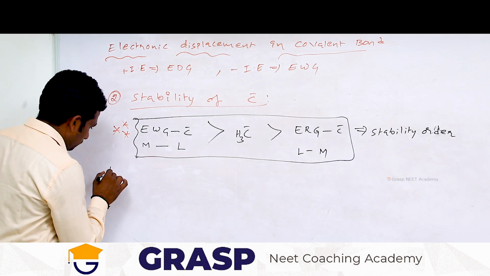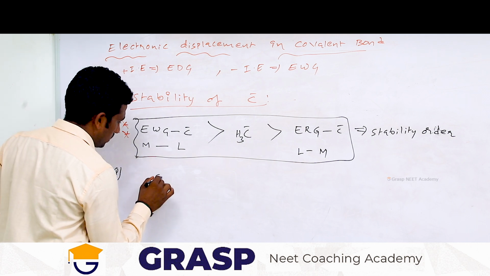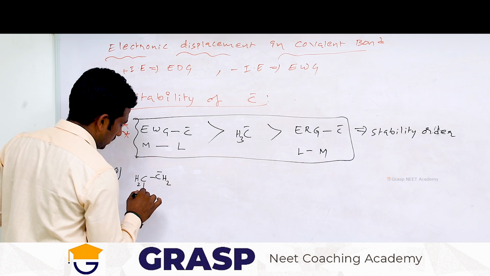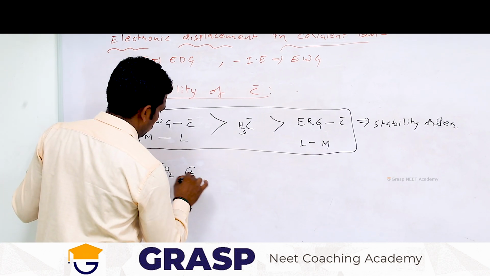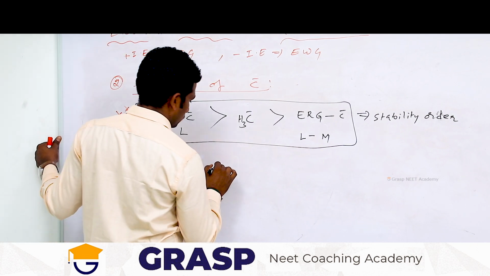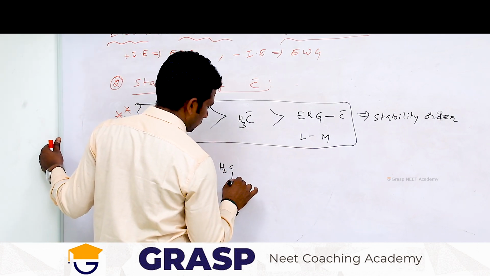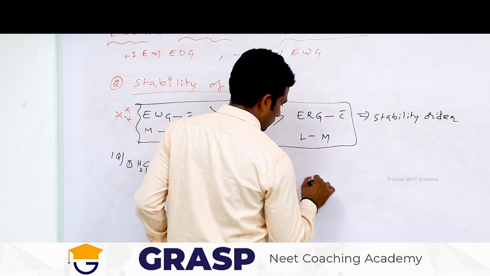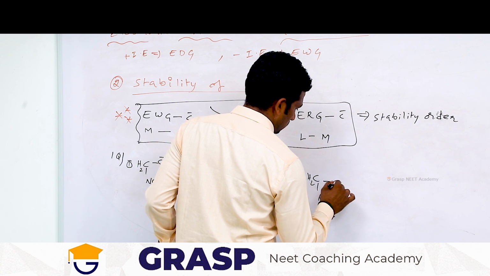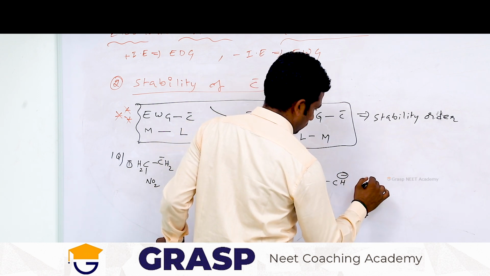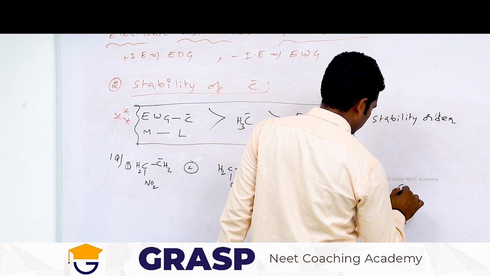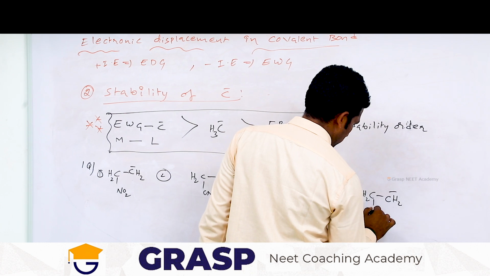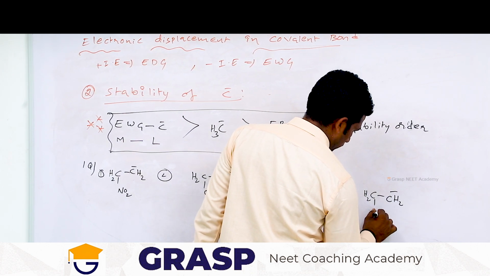So the first question is: the first option has CH2- with NO2; the second has CN and CH2-; the third has fluorine and CH2-; and the fourth I am writing directly with CH2-, and chlorine or bromine, whatever it is.